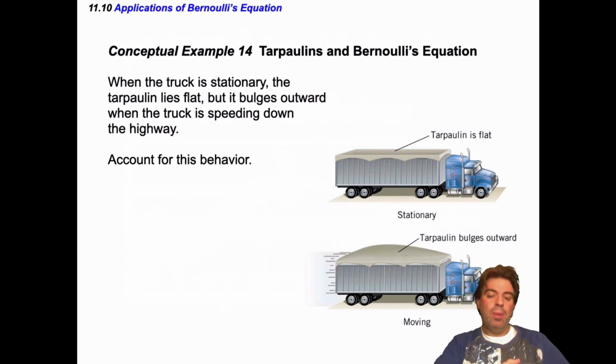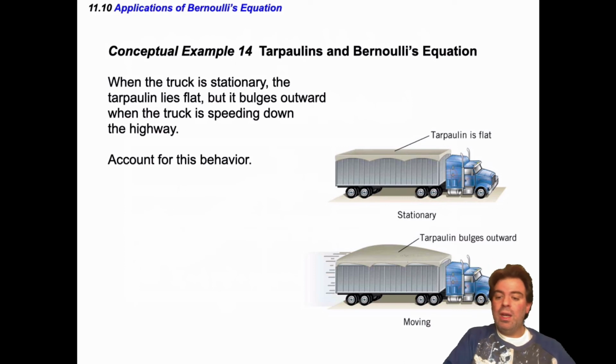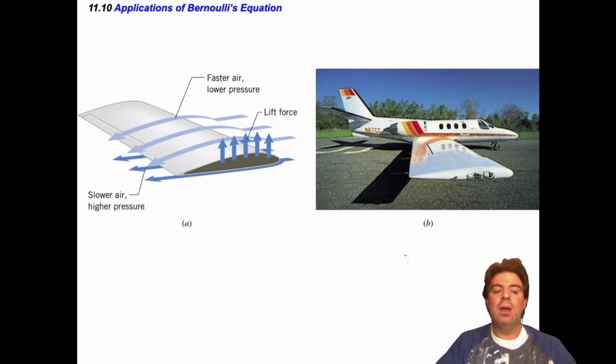For example, we can explain certain physical principles occurring in everyday life, such as a truck that is stationary versus a truck moving at a constant speed, where the tarp will bulge upward, as well as how Bernoulli's principle keeps an airplane in the air.